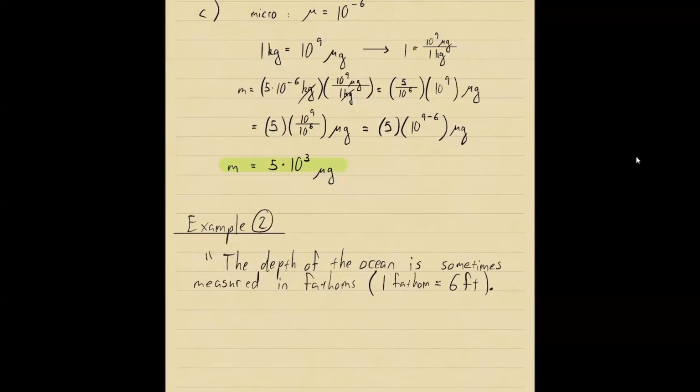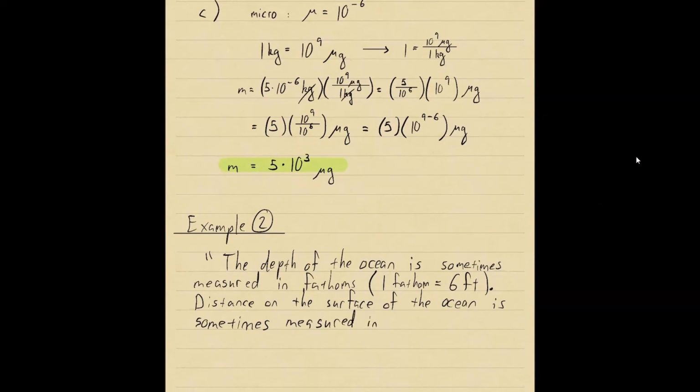So the problem goes on to say that distance on the surface of the ocean is sometimes measured in nautical miles.